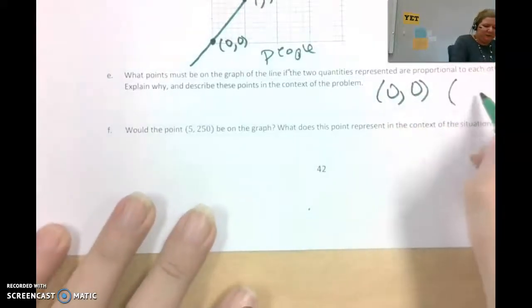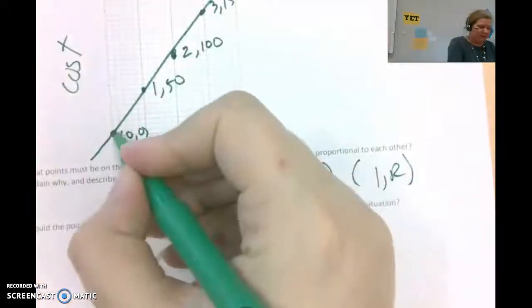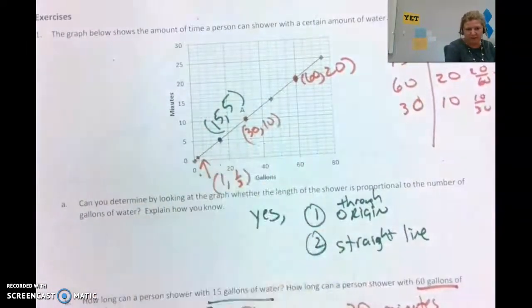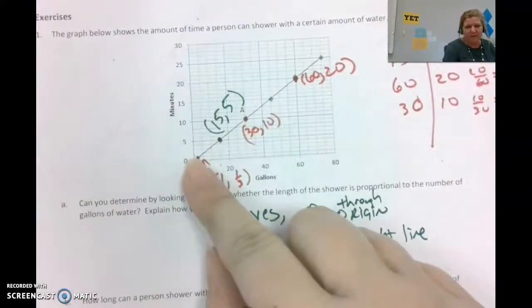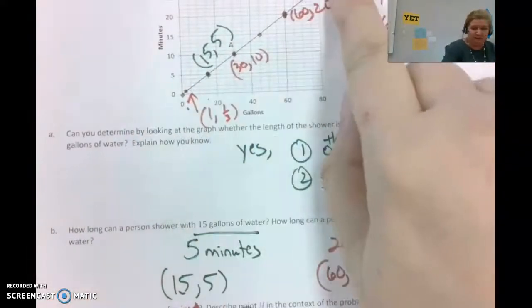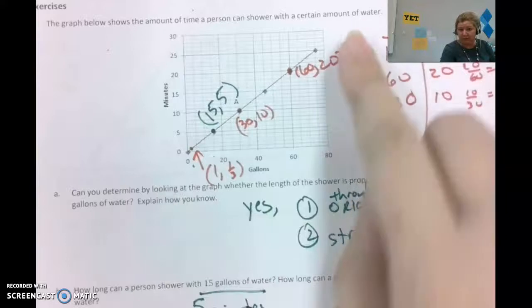0, 0, and 1, r. Okay, so 0, 0 has to be there. 1, r is not always labeled. Like here, it's not really labeled on that last question with the shower and minutes, gallons, but it exists, okay? So this 1, r has to exist on your line for it to be proportional on the graph, okay?